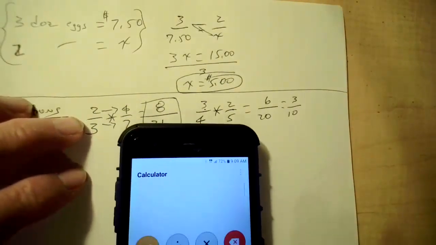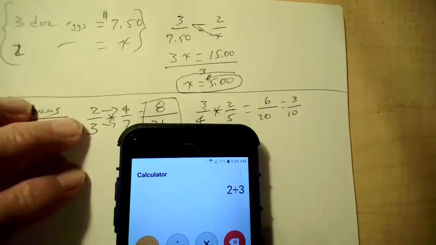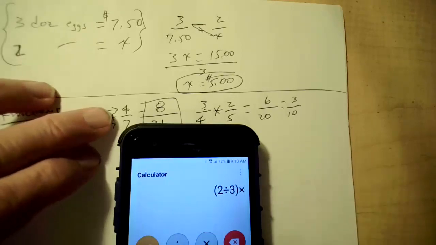Now, remember the fraction bar means divided by. So if you have 2 divided by 3, I think the best thing to do here is use parentheses. Open parentheses, 2 divided by 3, because this thing will do order of operations for you. Close.